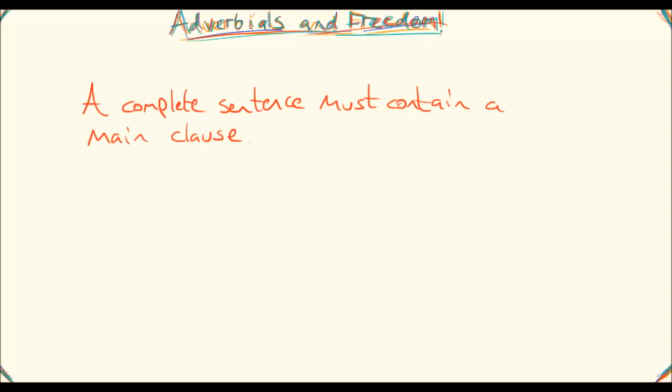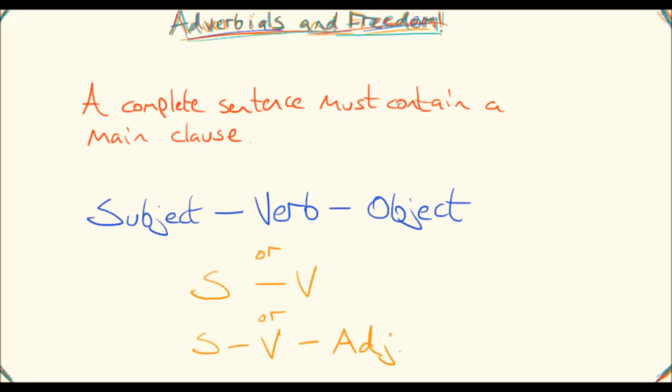First of all, something to remember, a complete sentence must contain a main clause. And hopefully I don't need to tell you by now that that main clause must contain subject, verb, object. Maybe just subject, verb, maybe just subject, verb, adjective, but that main clause needs to be complete. All the other adverbials, throw them wherever you like around that main clause.